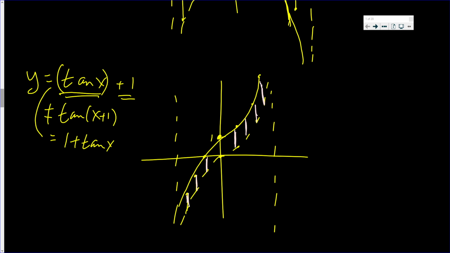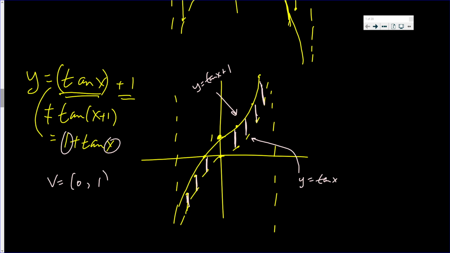The solid one is y equals tan x plus 1, and the broken line one is y equals tangent x. So, like always, the vertex is going to be at what makes that 0, comma, what that says.